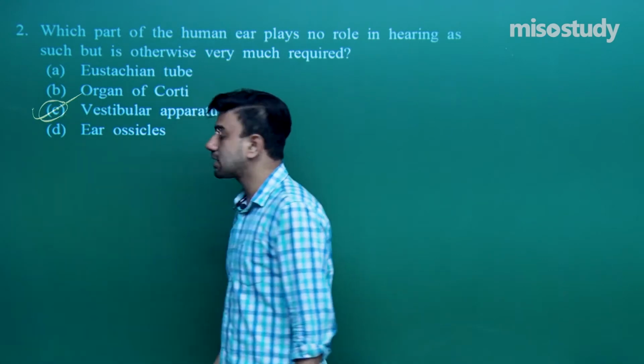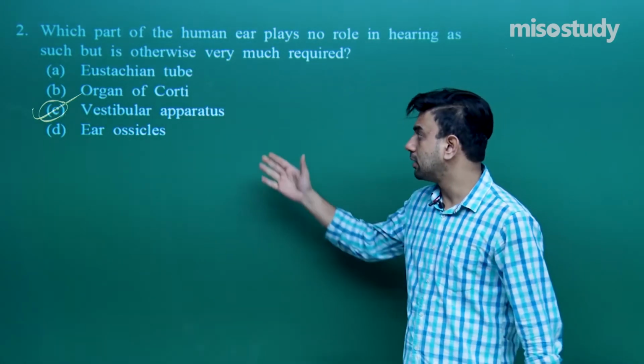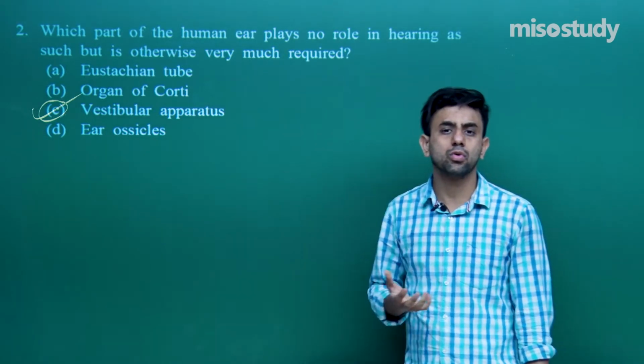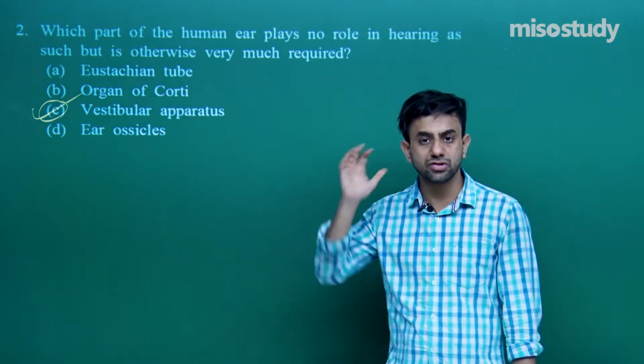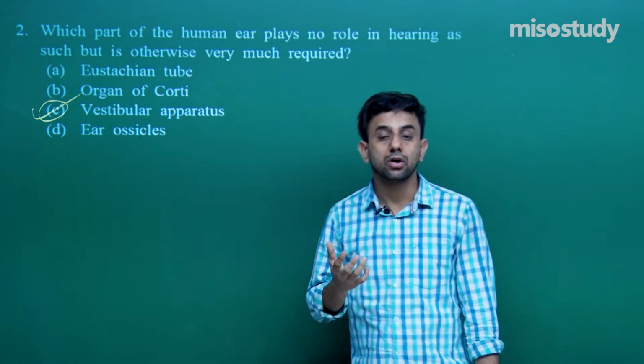Now the vestibular apparatus lies above the cochlea. This part of the human ear plays a very important role in maintaining balance and posture, because it has the receptors called the crista and macula.